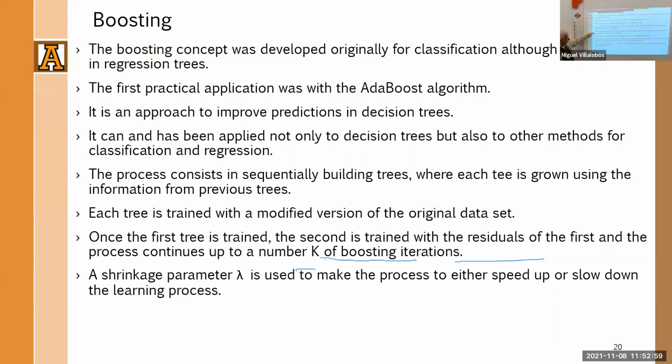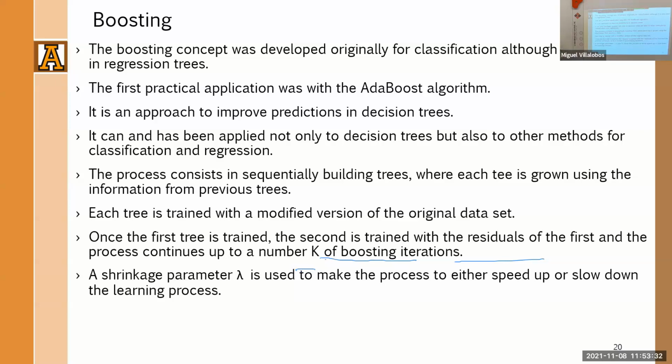Now, the process is very simple. What boosting does is sequentially build trees. Each tree is grown using the information from previous trees. So I draw a first tree. Essentially, in simple words, I build a tree, then review which observations were misclassified by that tree.